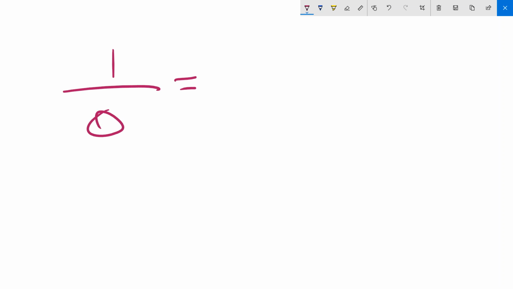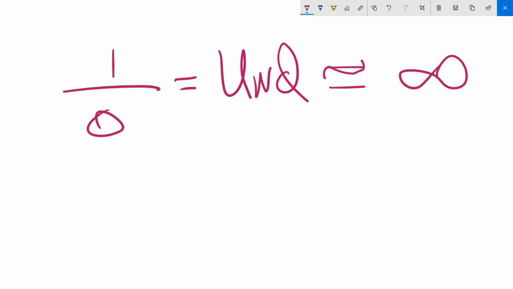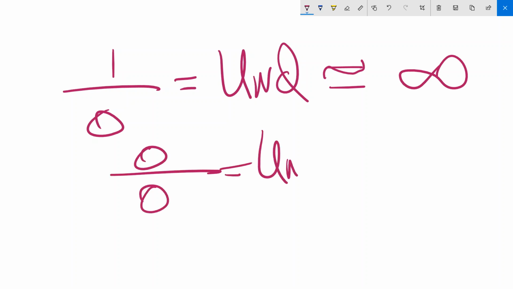That equals nothing. Undefined. Another way is it's almost equal to infinity. Not quite, but that's a new topic for another day. But the whole point is you cannot divide by 0. And this, we don't even know what that is. That's not only undefined, that's indeterminable.